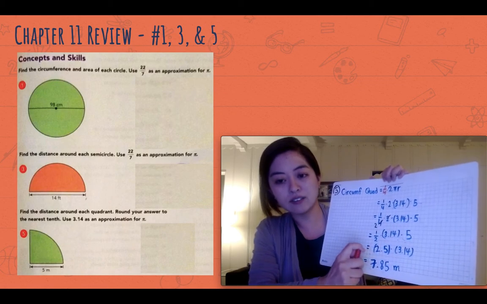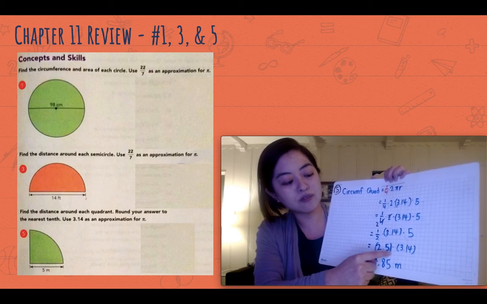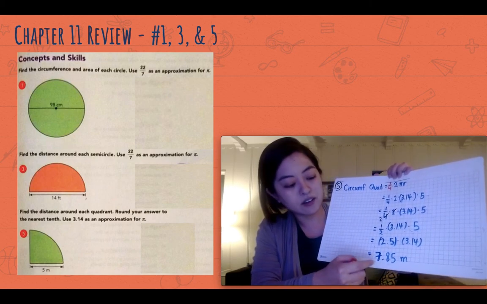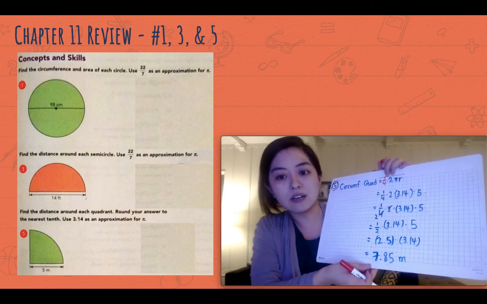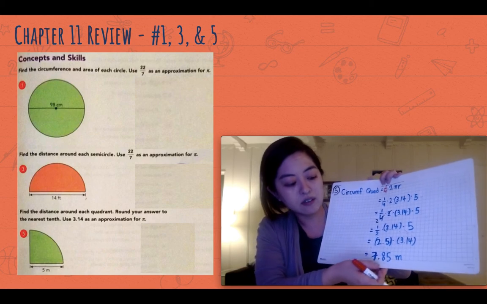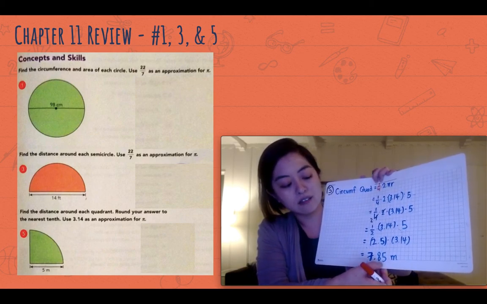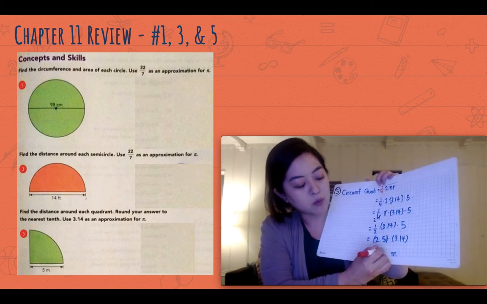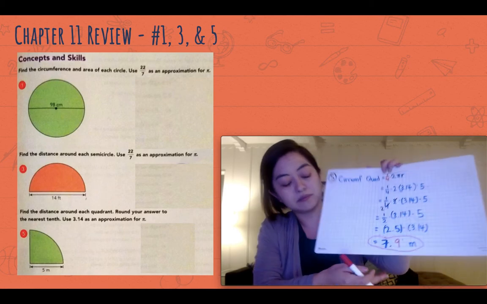Half of 5 is 2.5, so then it becomes 2.5 times 3.14. And then your answer is 7.85 meters. But it says to round it to the nearest tenth. So the 5 is in the hundredths, 8 is in the tenths, and I see that's a 5, so this has to be 7.9 meters.